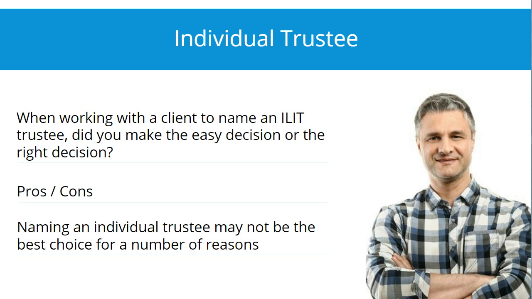Since the cost and ease seem to be the primary advantages of naming an individual, I would like to just take a moment and talk about some of the disadvantages of naming these people. Number one, an individual non-professional trustee may not have the requisite skills or knowledge to manage life insurance.